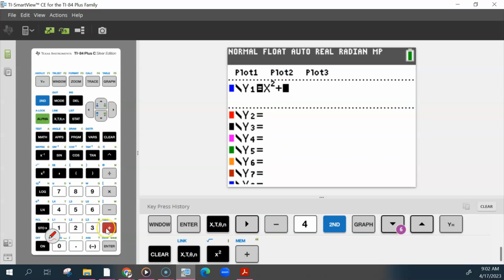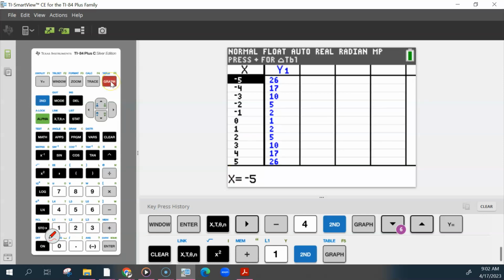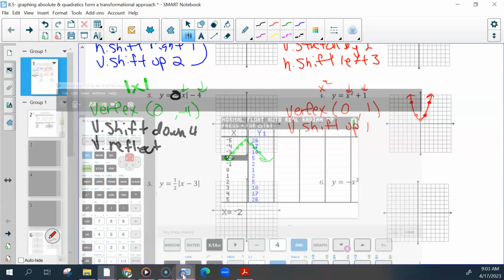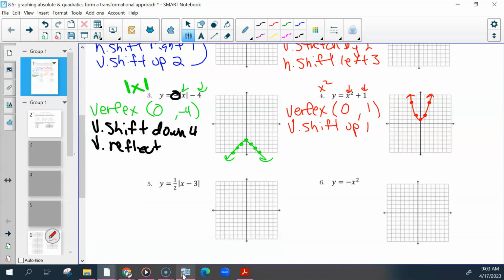X squared plus 1. In our table, second graph, vertex was 0, 1. And then negative 1, 2, and 1, 2. And negative 2, 5, and 2, 5. And that's what it goes up.